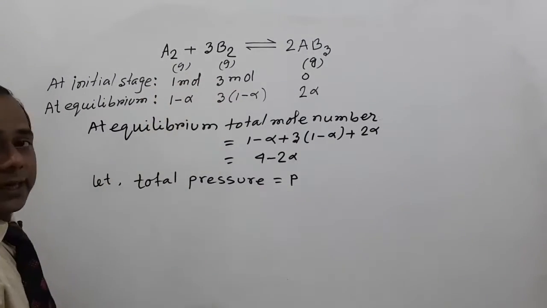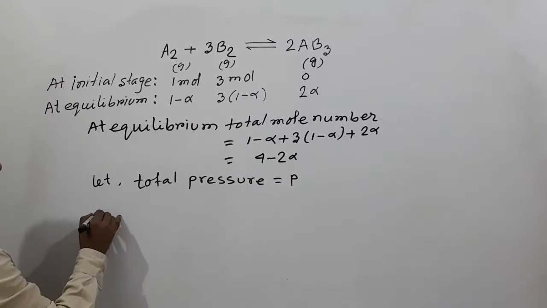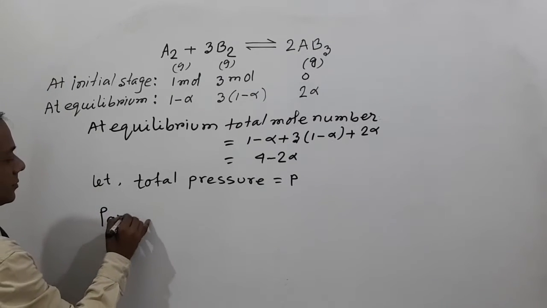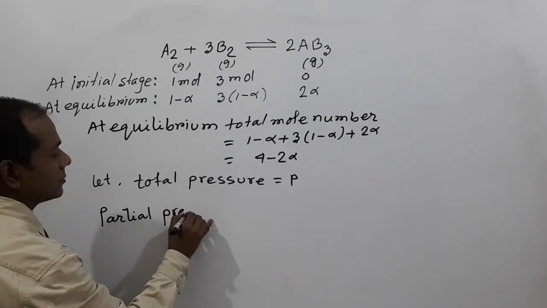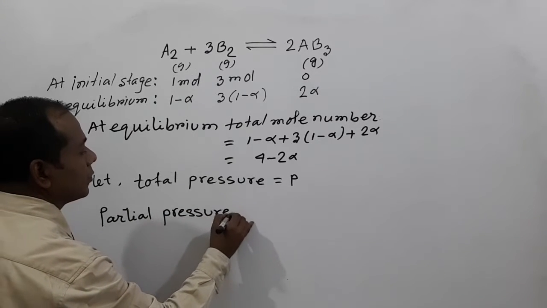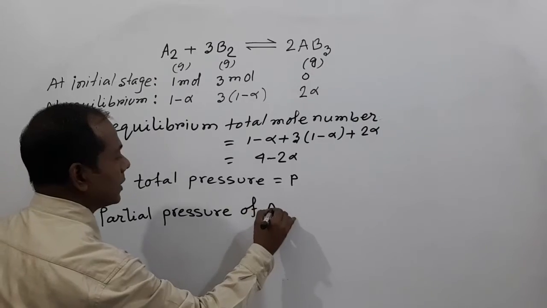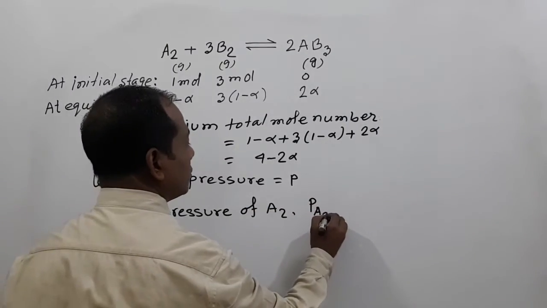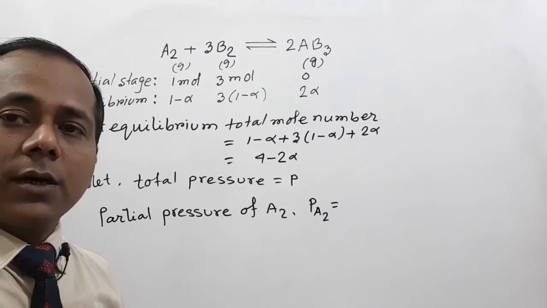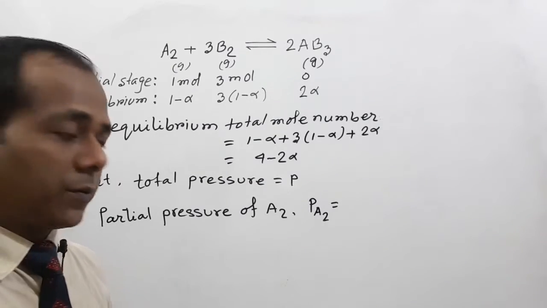So the partial pressure of A2, that is PA2, equals mole fraction of A2 into total pressure.